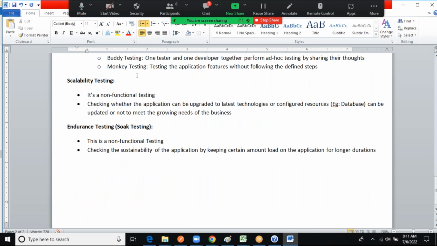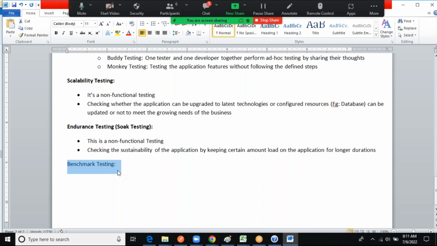Like this, there are many other non-functional testings as well. You will have benchmark testing. There are many testings you will see, but you will not use them very regularly, and you will rarely hear about these things in real time.